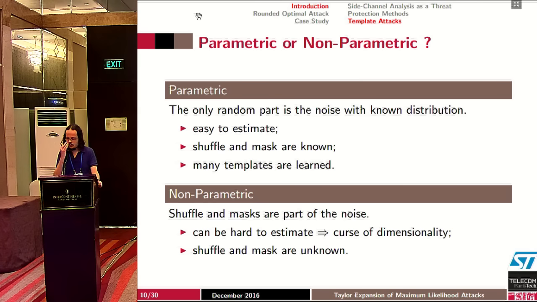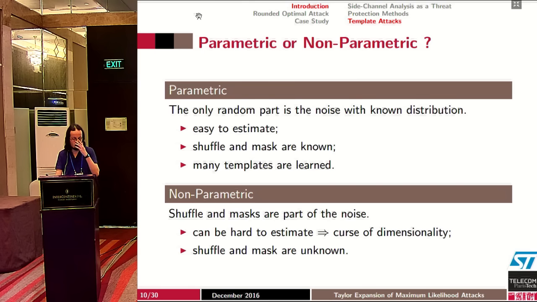So I will present in this slide the main advantages and disadvantages of parametric and non-parametric methods. In parametric methods, the only random part is the noise. It means that, in general, these methods are easy to estimate, as we only need to compute means or variances. But because we assume that the only random part is the noise, we assume that the shuffle and the masks are known. This means that we assume a powerful attacker.